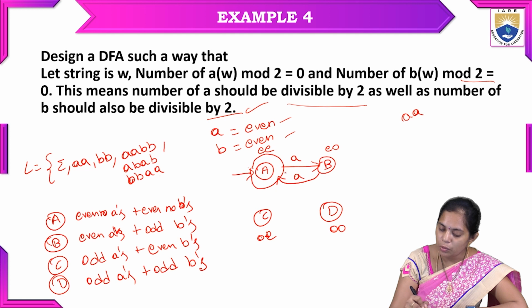And here also, if you add one more A to this one, it is reaching the B state. And if you add one more B to this one, it is reaching the D state.